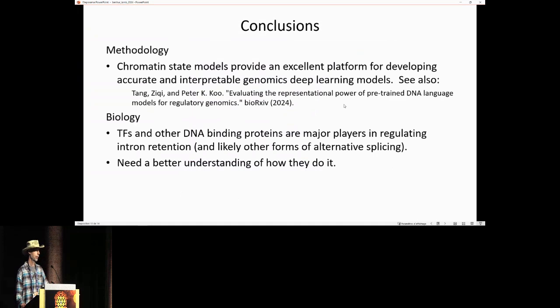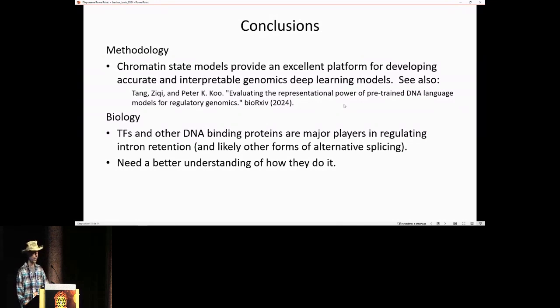So in conclusion, the chromatin state model provided better accuracy than a DNA large language model. And I don't know if Peter Koo is in the audience. He has a recent preprint where they came to similar conclusions on several additional tasks.